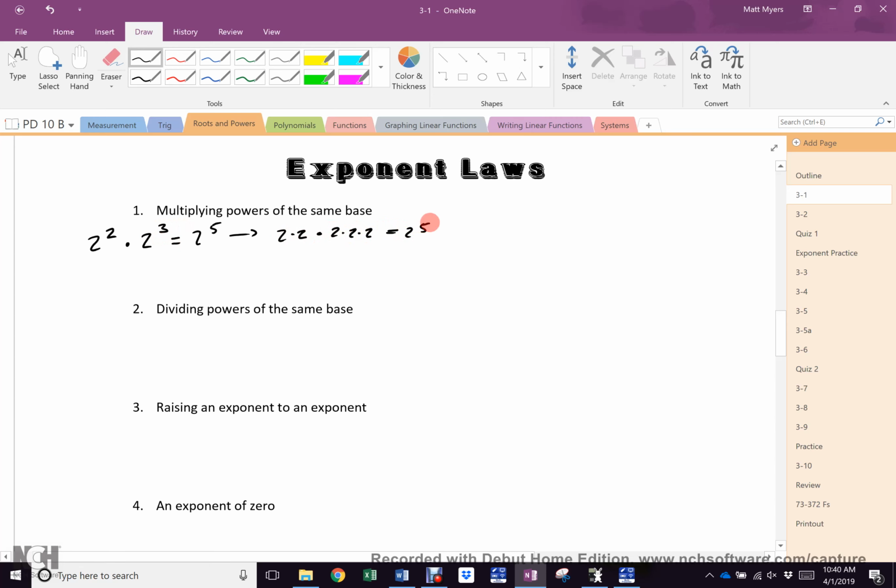Right? And then we write down the rule, which is x to the m times x to the n equals x to the m plus n. That's the rule.